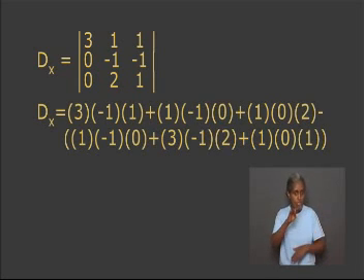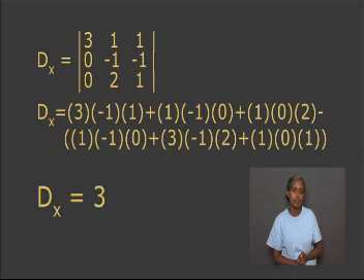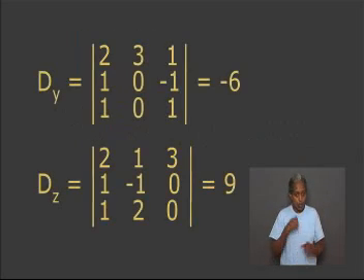If we evaluate the matrix, we find that dx equals 3. We perform the same calculations to find dy and dz. dy equals -6 and dz equals 9.